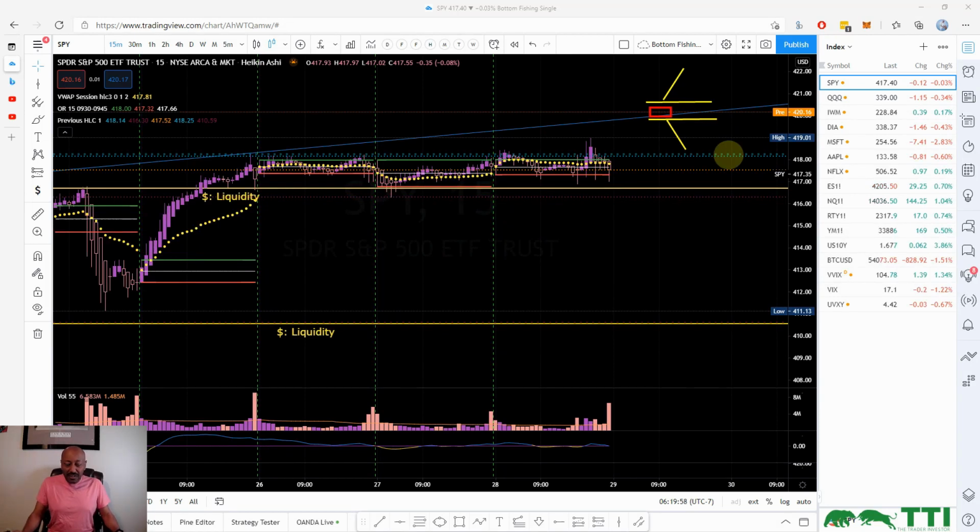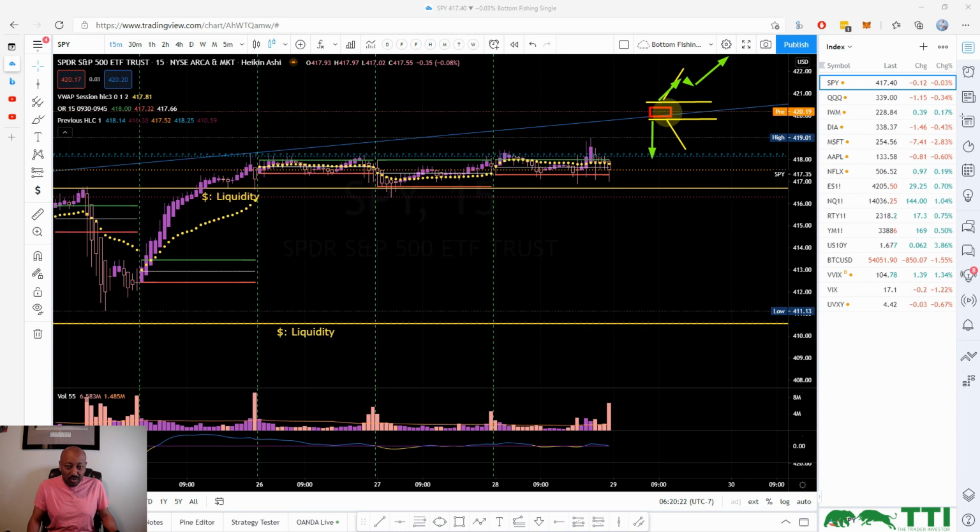The reason I want to take either side is because we have this distance that we can cover to fill that gap, or it's going to be a very strong uptrend that is going to continue to move up. That's why I'm willing to take it on both sides. We have enough distance to cover here.